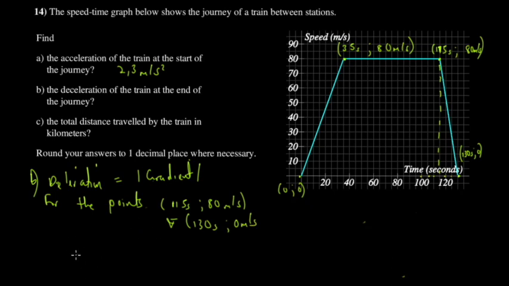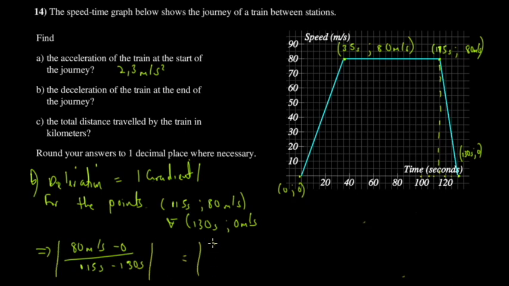Okay, so your deceleration will be equal to change in y, that's our vertical axis, so 80 meters per second minus 0, divided by, and we're also saying magnitude, or modulus, 115 seconds minus 130 seconds.